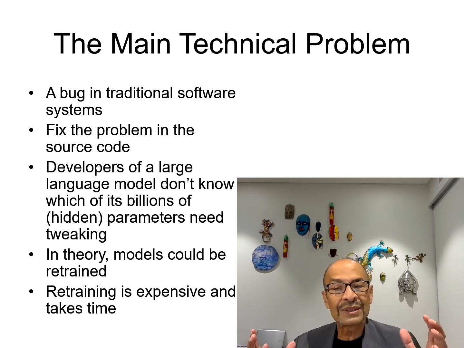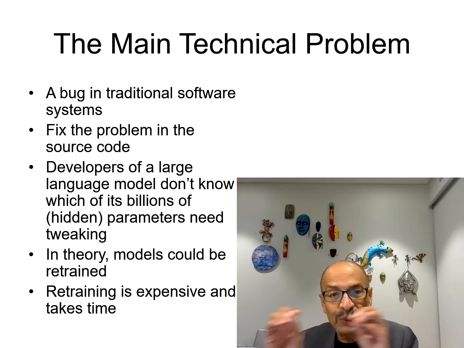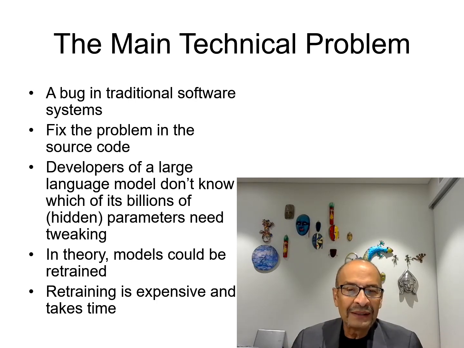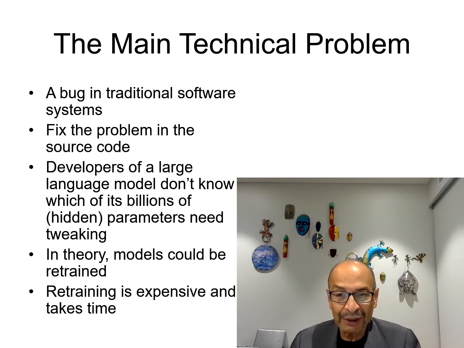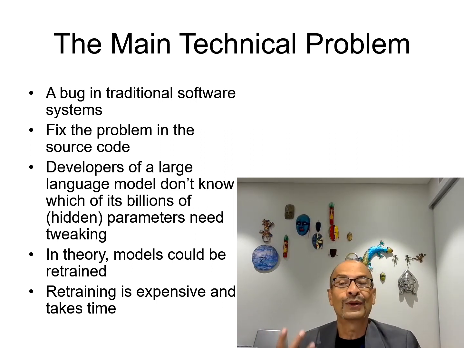Recall that these models have many, many billions of parameters, which are all hidden from us, that need to be tweaked. And we really don't know which one is doing what. So in theory, the model can be retrained, but you have to retrain the model everything from scratch. And that's a very expensive business, and it also takes time. Let me illustrate that with one example.